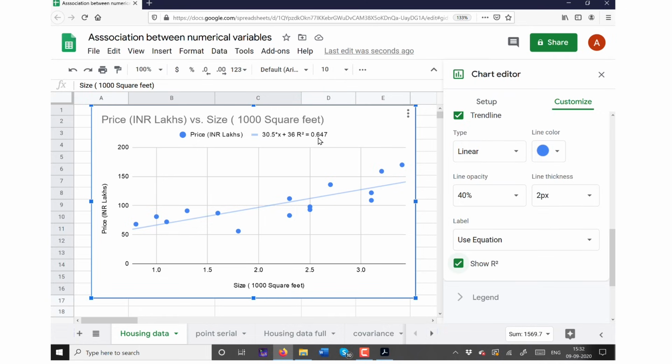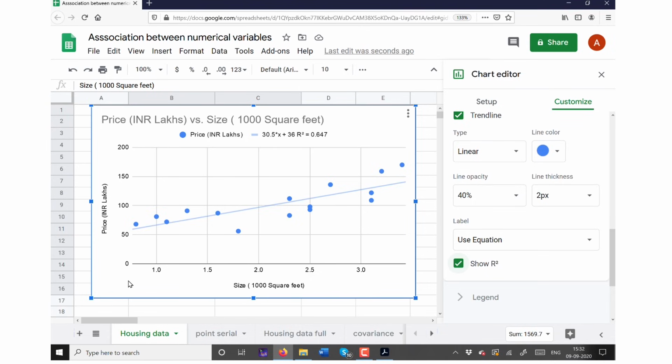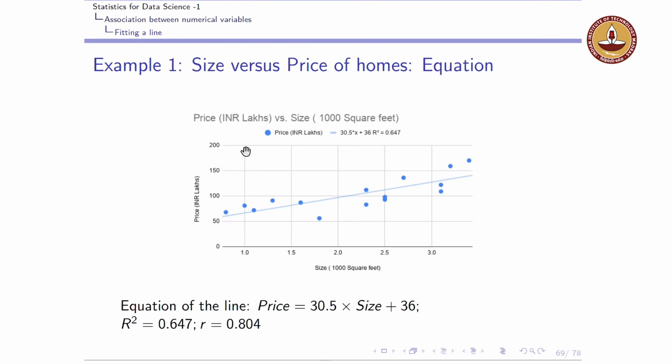What does this R square capture? This R square captures the proportion of variance in my data set that is captured by this line. Again, going into the mathematics of this R square and how to derive it is beyond the scope of this course, but R square is also a measure of how good a fit this line is. It is also referred to as a goodness of fit measure.